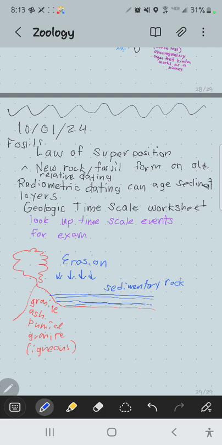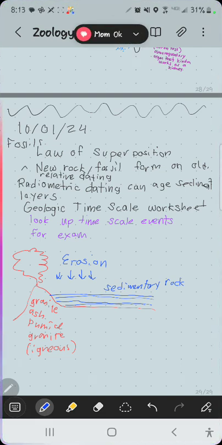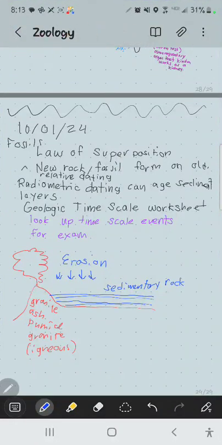They settle into basins. But the thing with sedimentary rocks is they layer by age, and that's why we call it a relative dating scheme. Because what happens with sedimentary rocks is younger layers are laid on top of older layers.